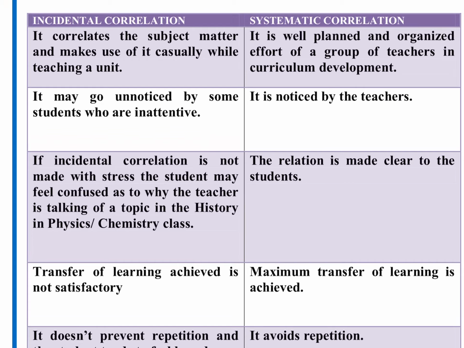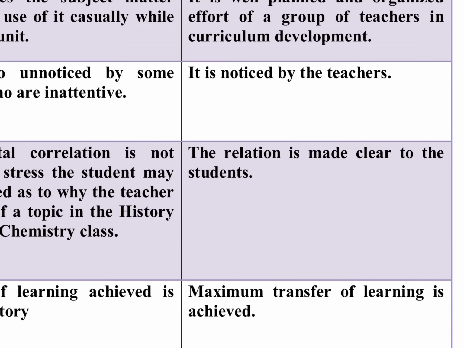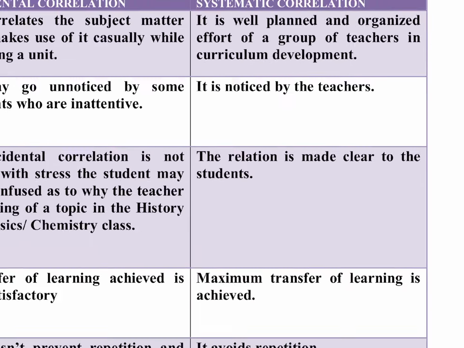That type of confusion might arise, or it can cause a little bit of stress among the learners also. But it depends upon the teacher. If the teacher presents it very beautifully, such a situation does not arise. And systematic correlation is made very, very clear to the students.